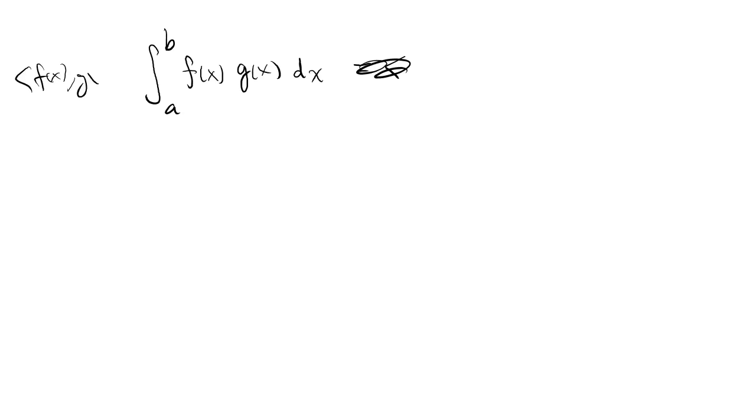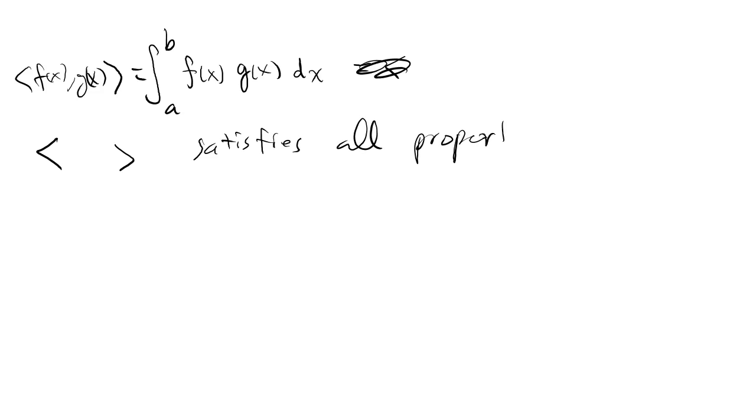Right? Okay, so for L2 spaces, what is the inner product? Well, if you have two functions, f(x) and g(x), then integrating from a to b of f(x) times g(x), if you just define the inner product of f(x) and g(x) as this integral, then this satisfies all properties of inner product.